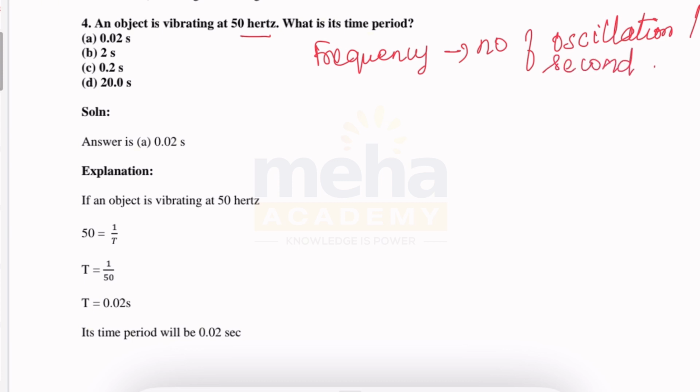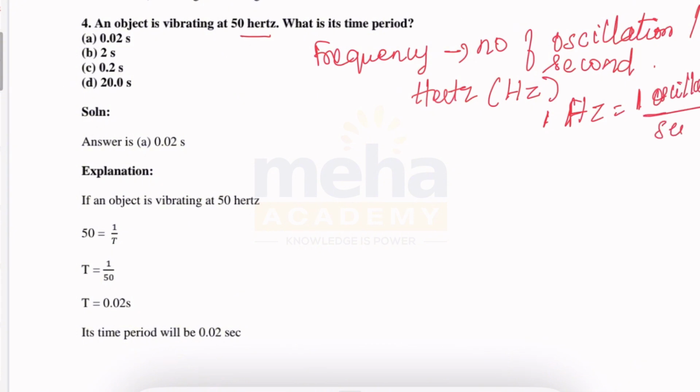The unit is Hertz and the symbol is capital H and Z. So frequency is equal to the number of oscillations per second. 1 Hertz is equal to 1 oscillation per second.